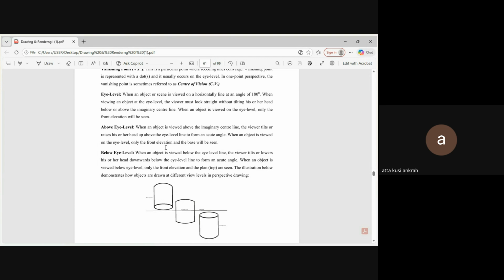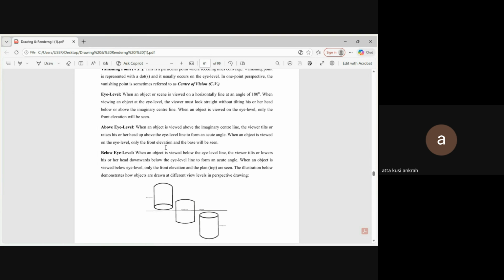When an object is viewed on the eye level, only the front elevation and the base will be seen. So I think there's an omission here. When an object is viewed on the above eye level, so correct that. So there should be "above eye level". The word "above" didn't come.